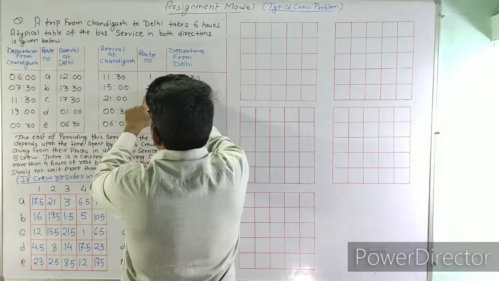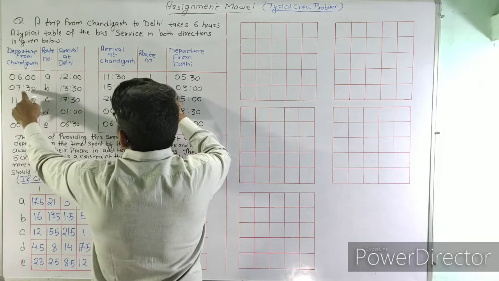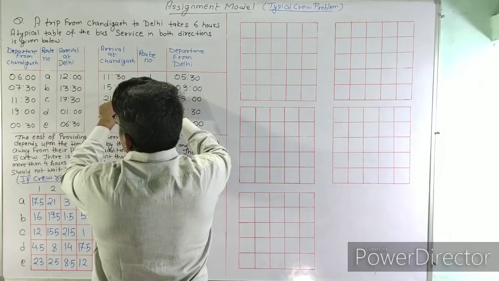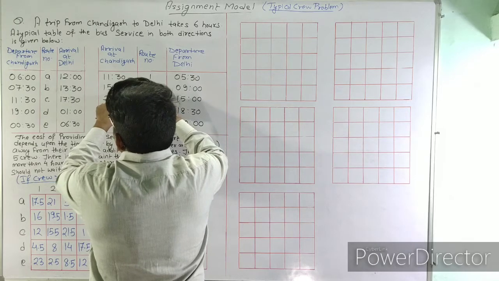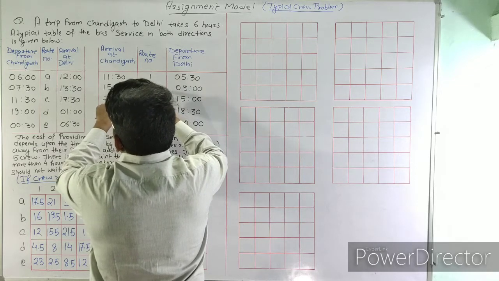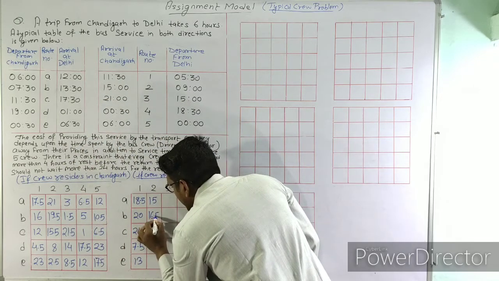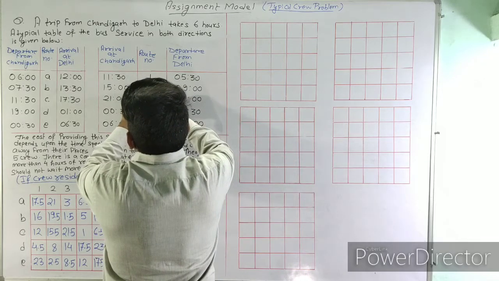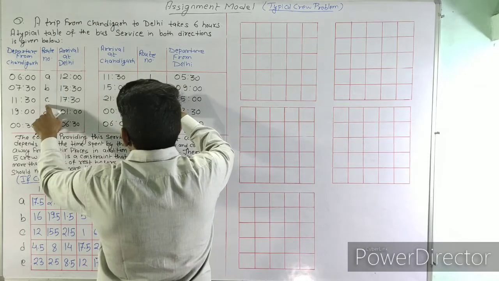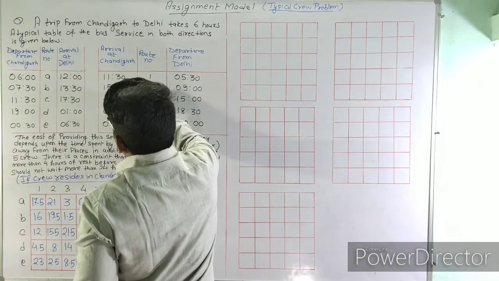If a crew arrives from route 2 and departs from route B, the difference between these two is 1500, 15 plus 9, 24, 9 plus 7, 16. So this will be 16.5 hours. Similarly, if the crew arrives from route 2 and departs from route 3, this will be 15 to 15 will be 24.